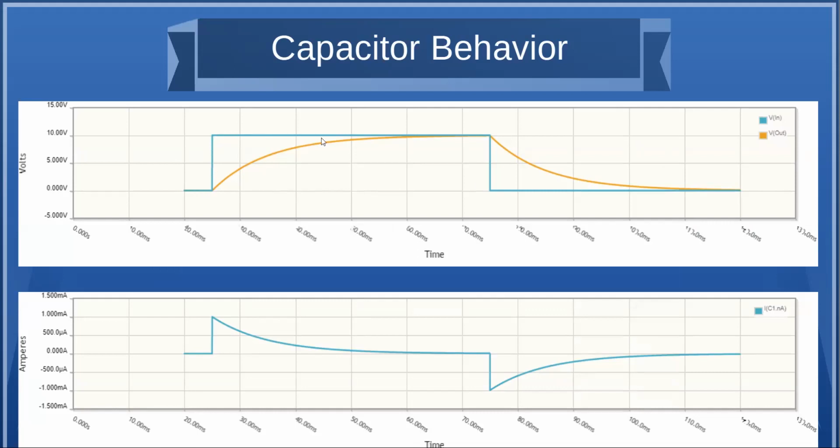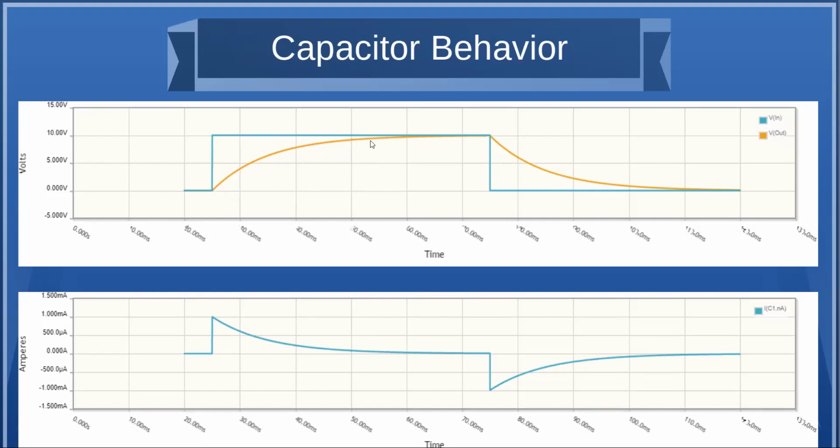the blue line is our square wave, which is going from 0 to 10 volts. And if you see, the yellow line is the voltage across the capacitor. So it starts at 0 and it slowly charges up.